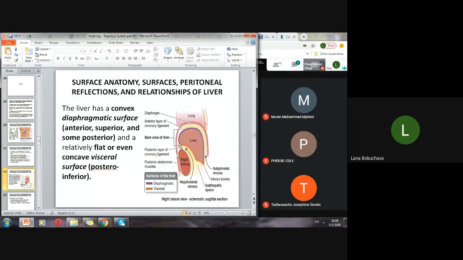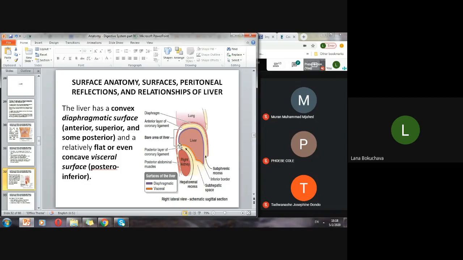Now, it is also important to remember that in the standing position, for example in the anatomical position, we have some movement of the liver. First of all, because of gravity, it is descending.